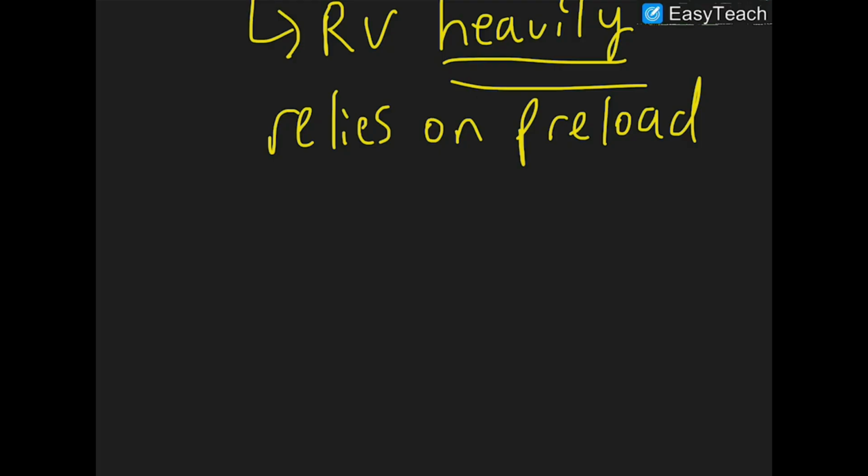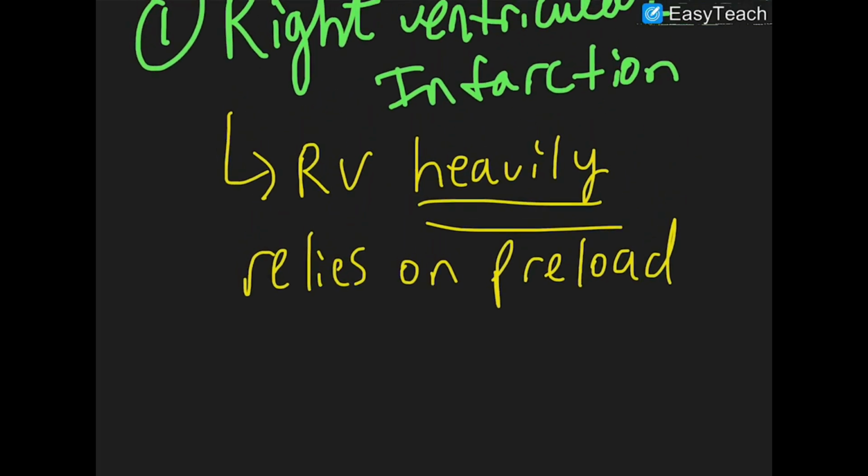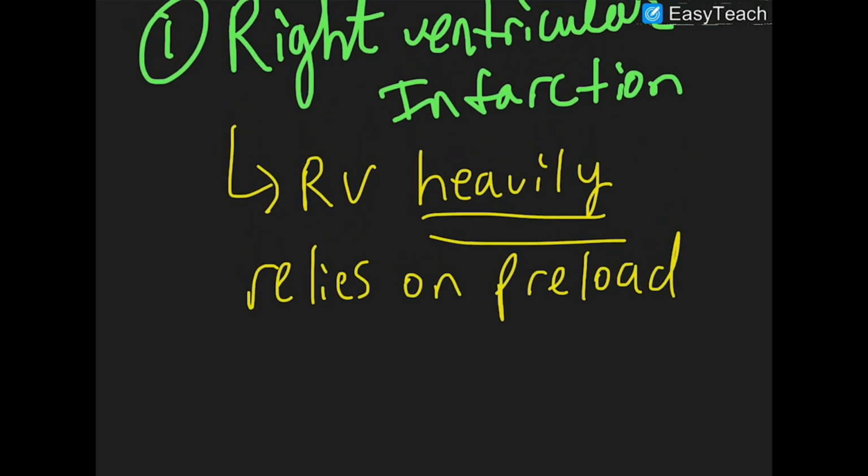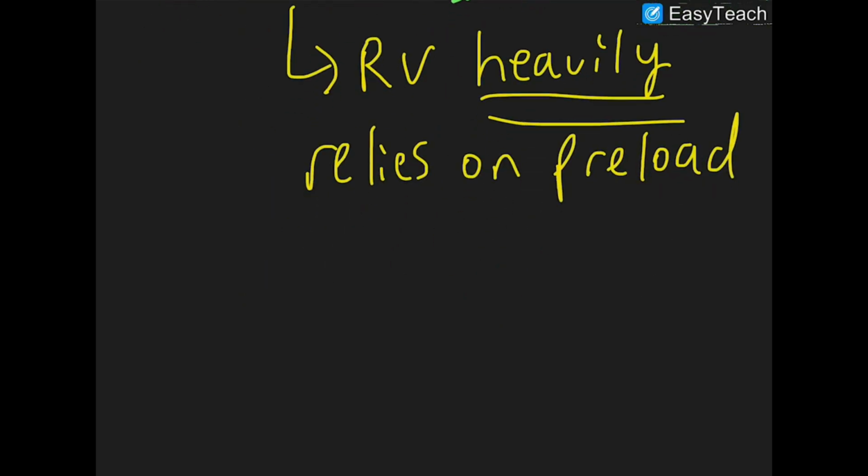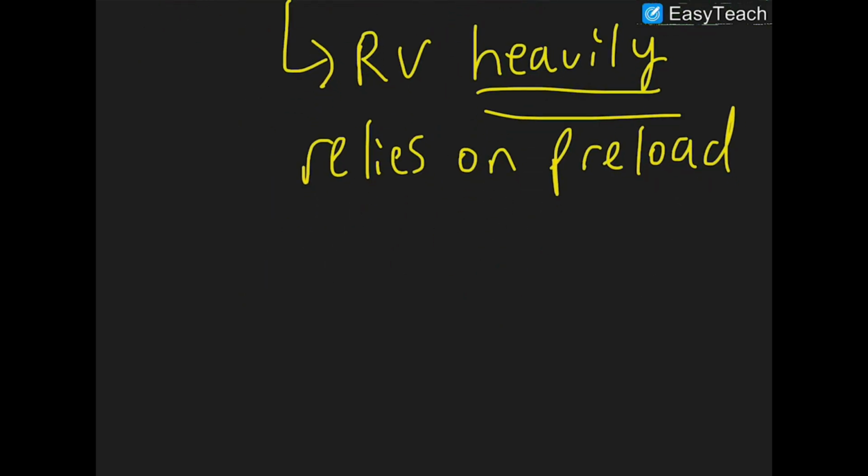And now that portion of the right ventricle cannot really contract anymore. Okay, so you lost a lot of contractility in your right ventricle, which means that you're not pumping enough blood out anymore to the lungs. On top of that, if you give nitrates, you reduce the preload, you reduce the amount of blood coming to the right side of your heart.